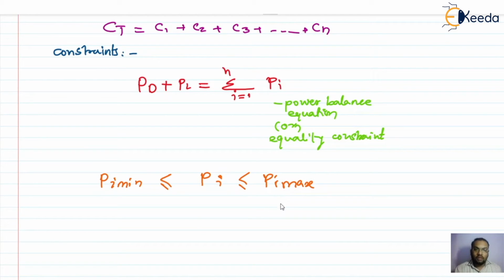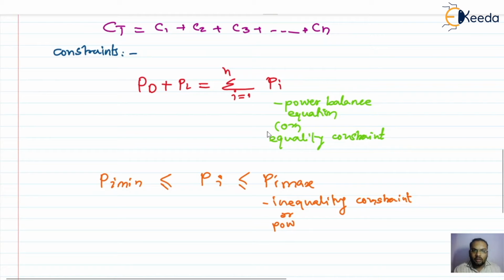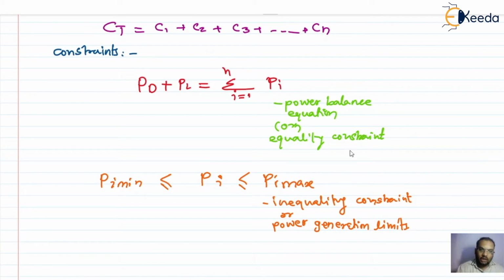This is the inequality constraint, or you can call it the generator limit, or power generation limits.